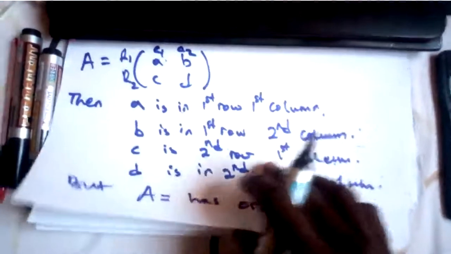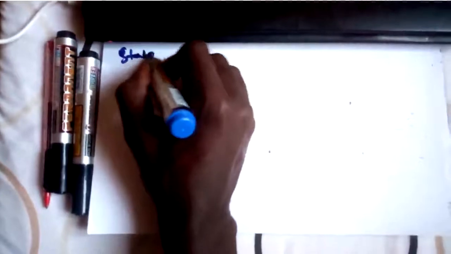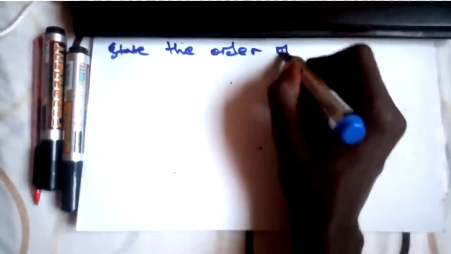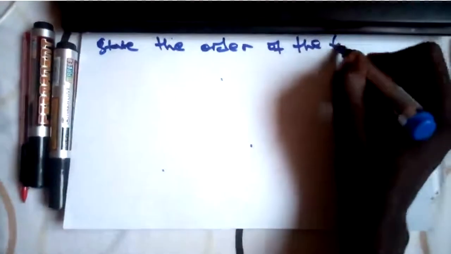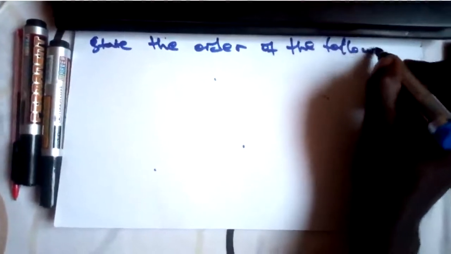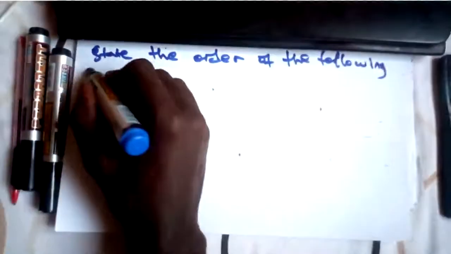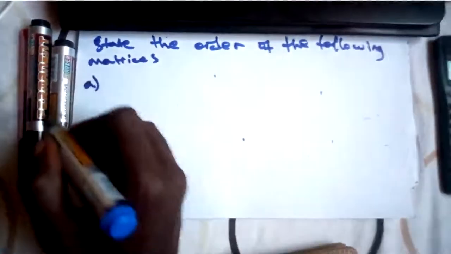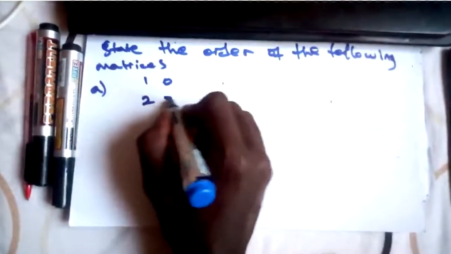Now let us have practical examples on that. State the order of the following matrices. I have 1, 0, 2, 3.